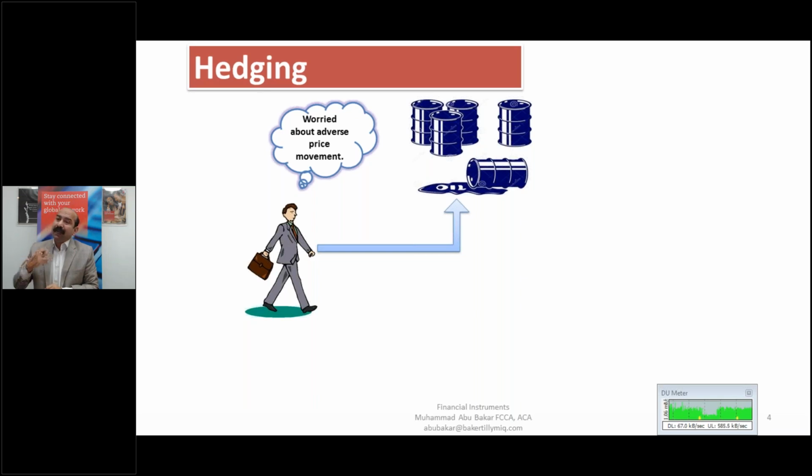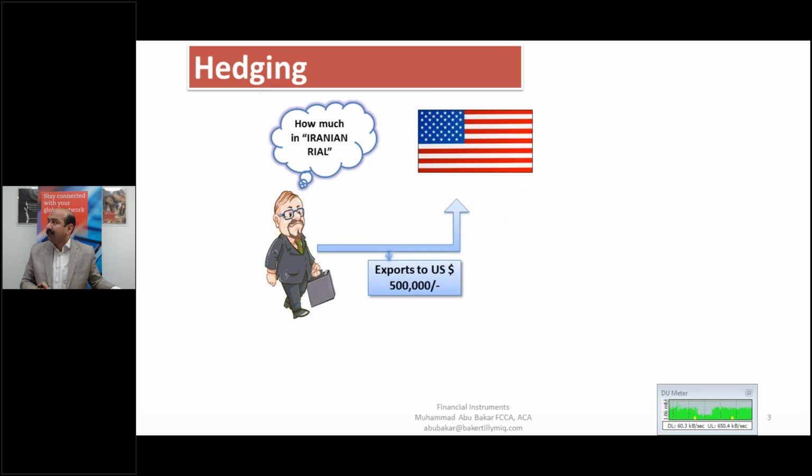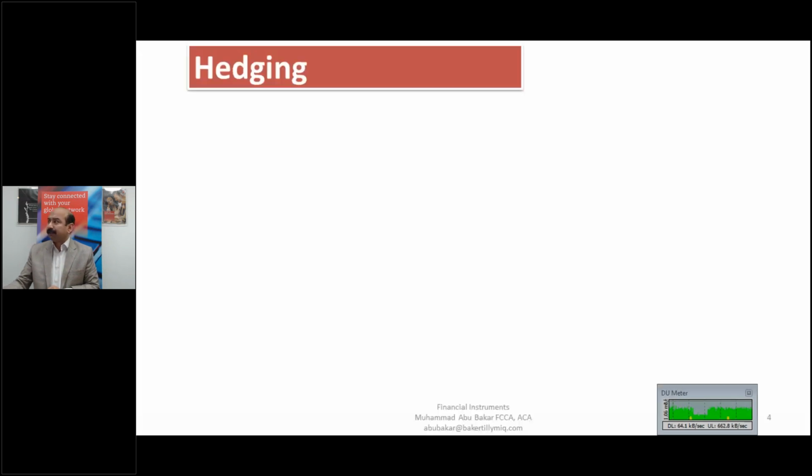So you will be hedging the value of the inventory. And similarly, the earlier one will be hedging his $500, which is due to be received from a customer in America.